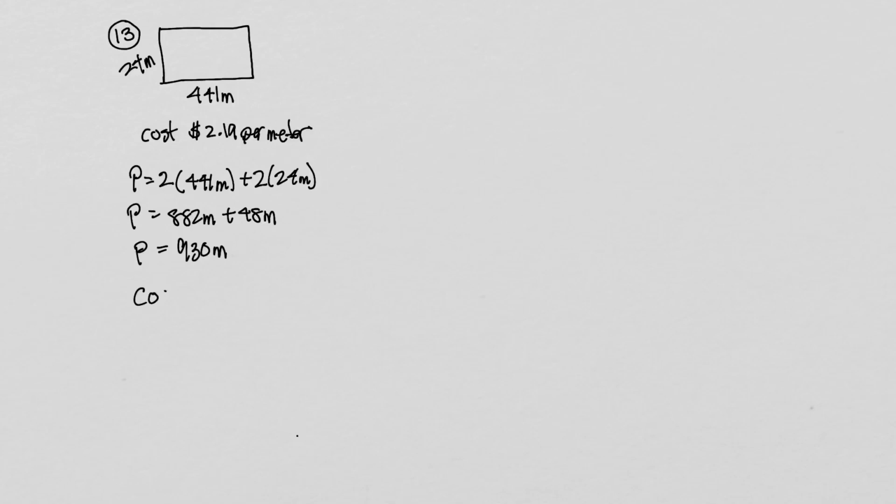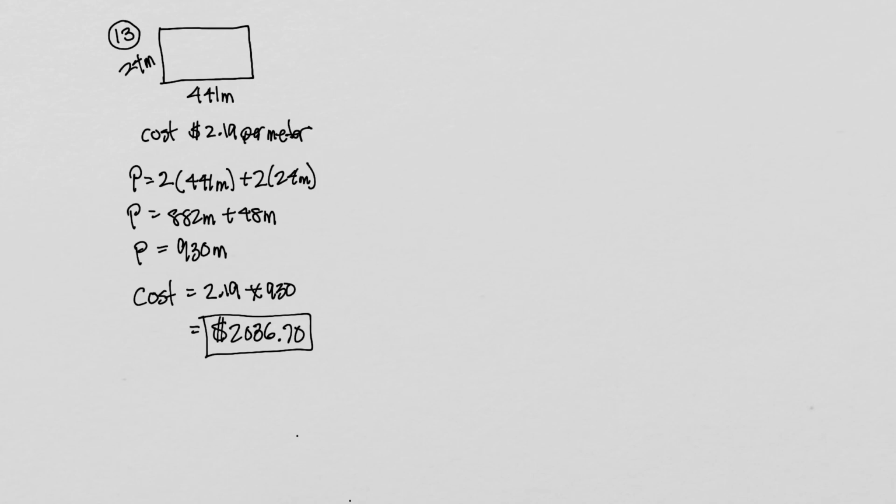And now to get the cost, we're going to have 219 times 930. So when I multiplied here, I got $2036.70.